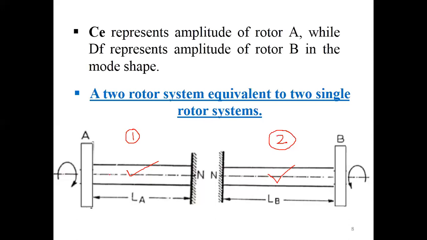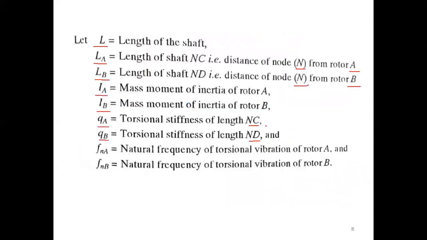QA is the torsional stiffness along this particular length LA, and QB is the torsional stiffness along this particular length LB. And finally, FNA and FNB, which are the natural frequency of rotor A in the first system, and the natural frequency of rotor B in the second system.